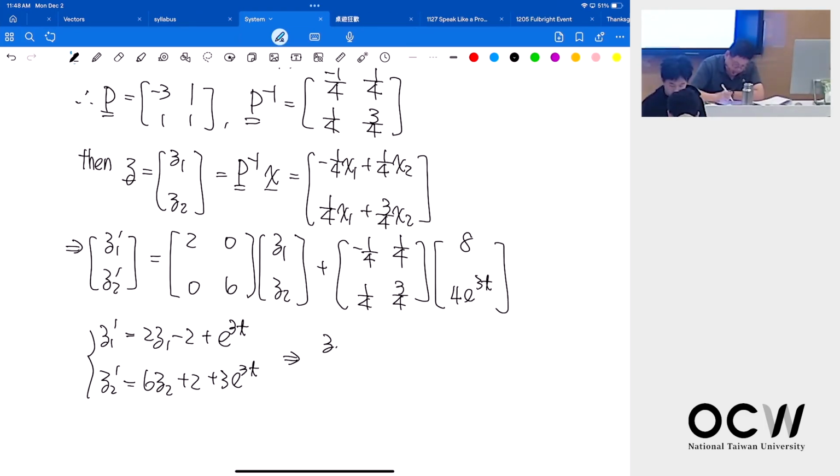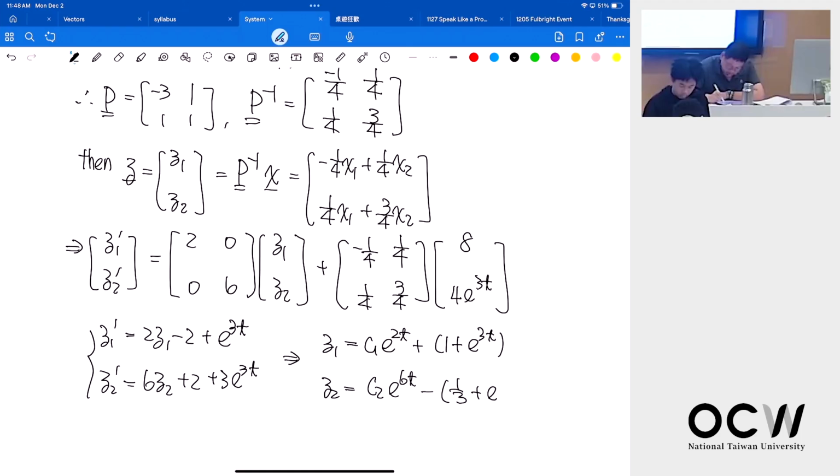Then you can get C1 e to the 2t plus 1 plus e to the 3t, and C2 e to the 6t minus 1/3 plus e to the 3t.